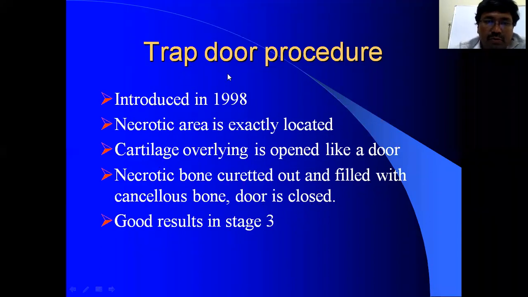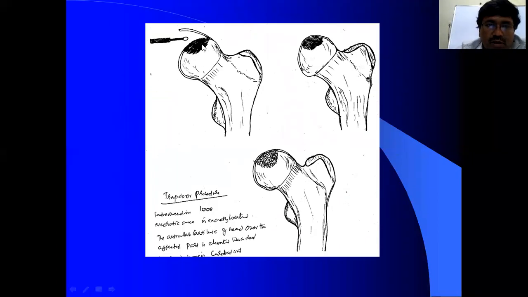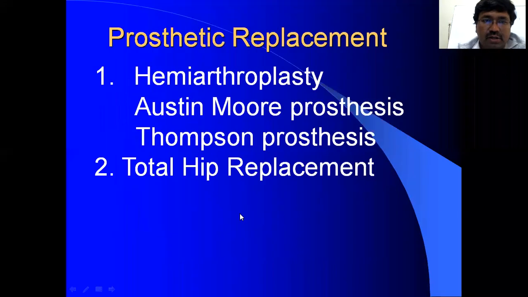It is called the trapdoor procedure. So this is the necrotic area where avascular changes occur. The cartilage is lifted, the dead bone is removed, it is filled with cancellous bone, and the cartilage is closed. This is called the trapdoor procedure, shown diagrammatically.